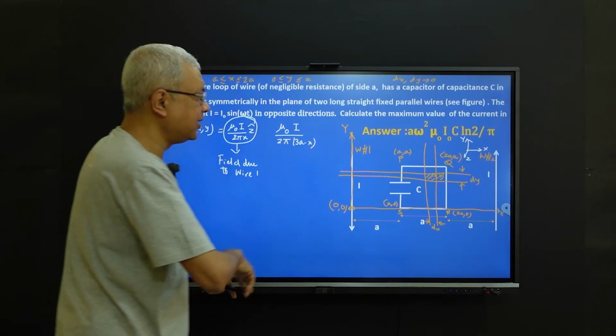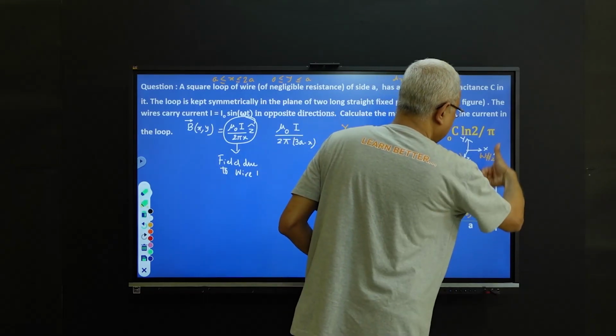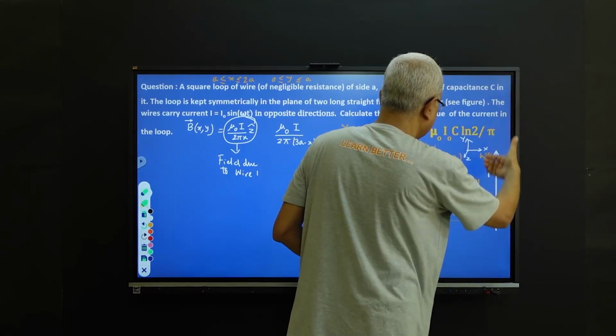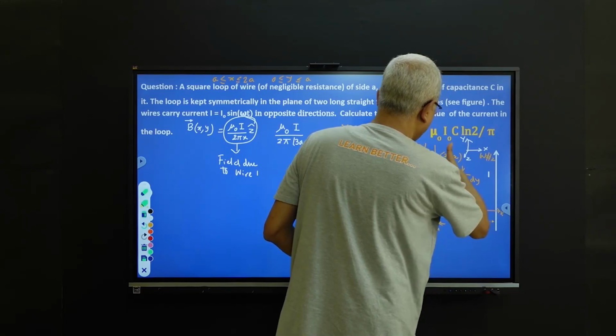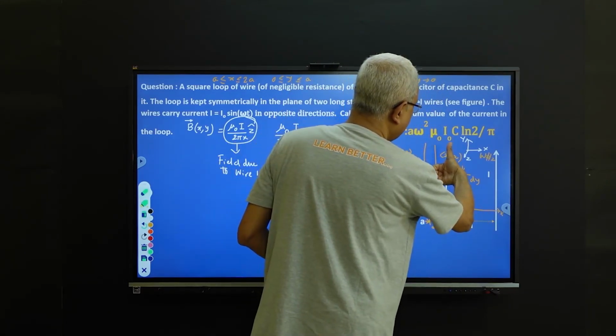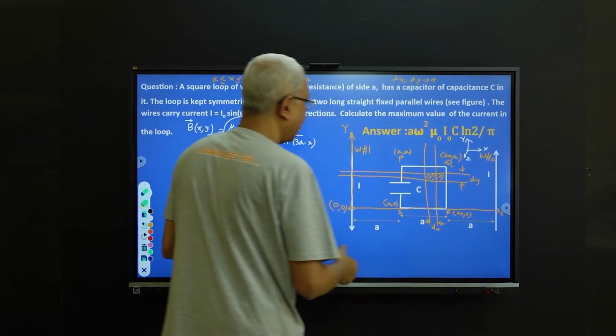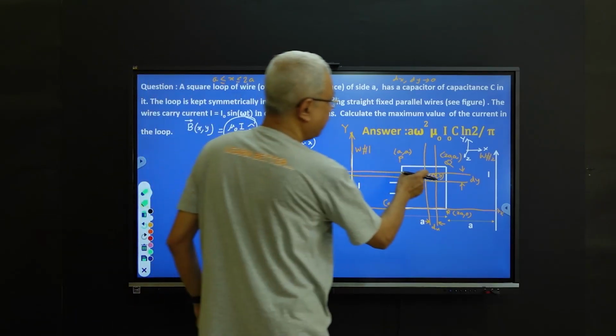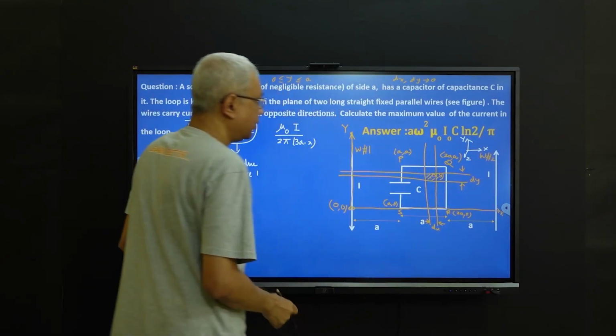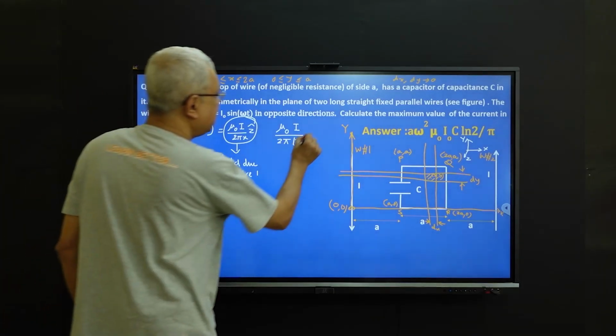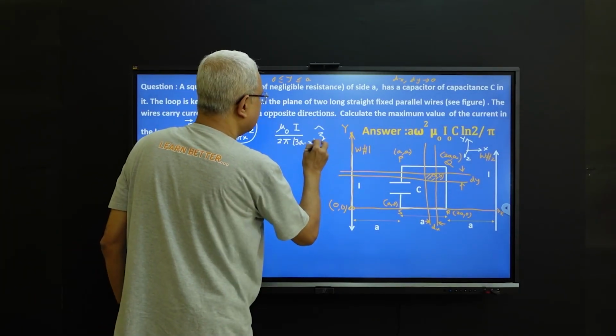Here again the current is flowing in the positive y direction. So from the direction of curling of your fingers, you can easily write that the magnetic field at the (x, y) point due to current in wire 2 will be in the positive z direction.